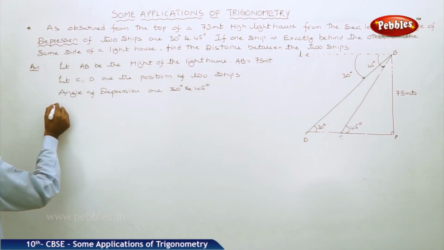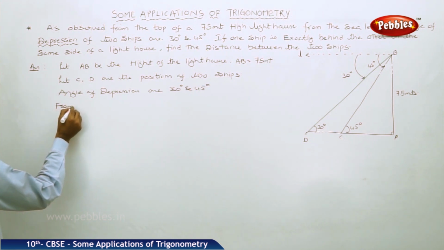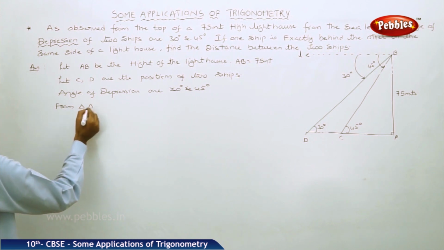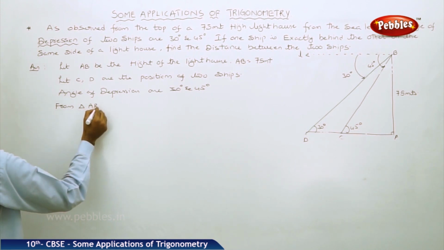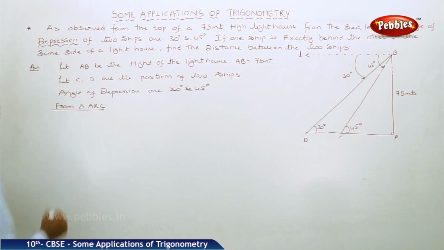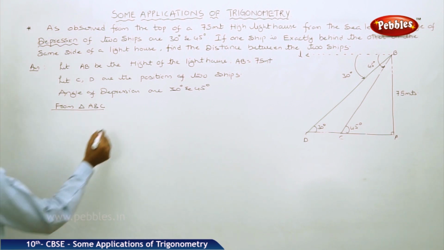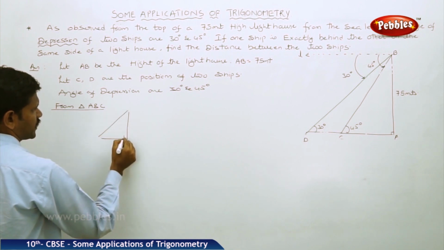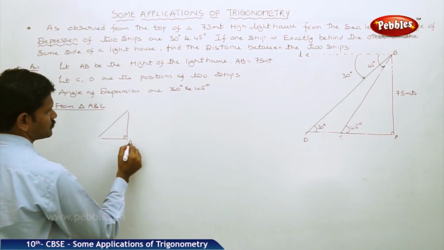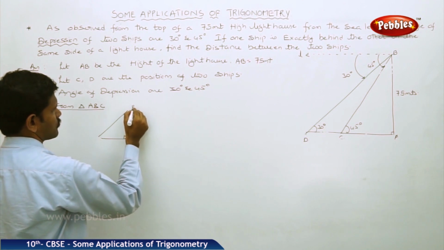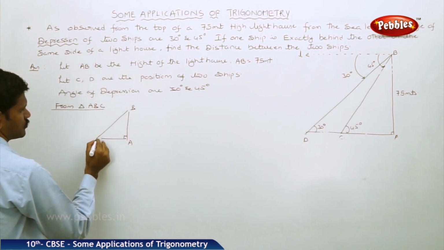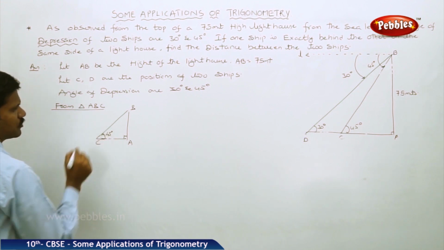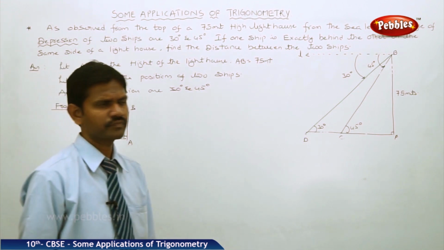Now first, from triangle, take the small triangle ABC. From triangle ABC, take the right angle triangle. Right angle is at A, B and C, which is making an angle of 45 degrees.